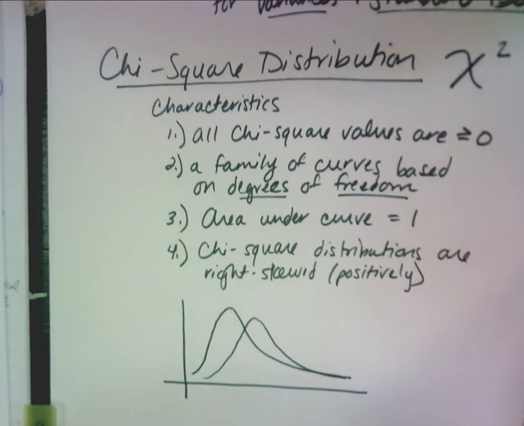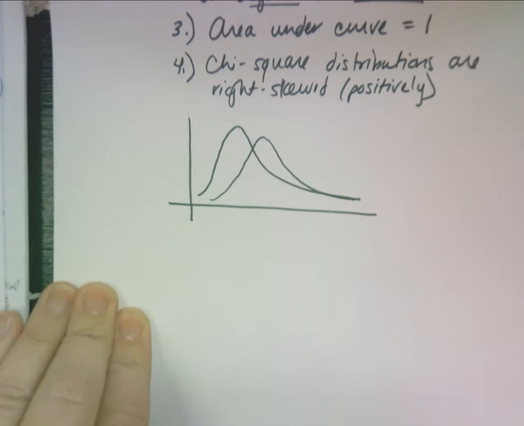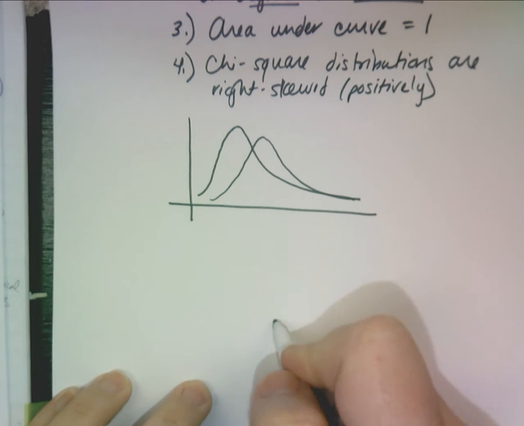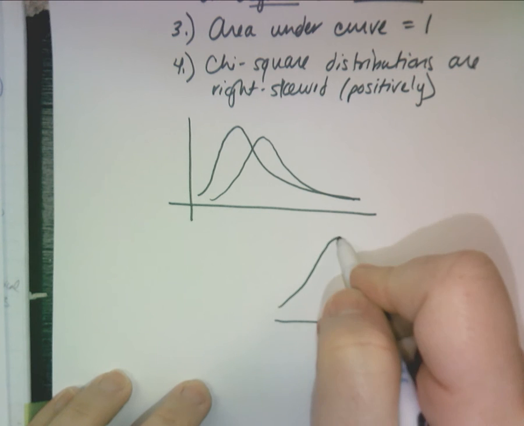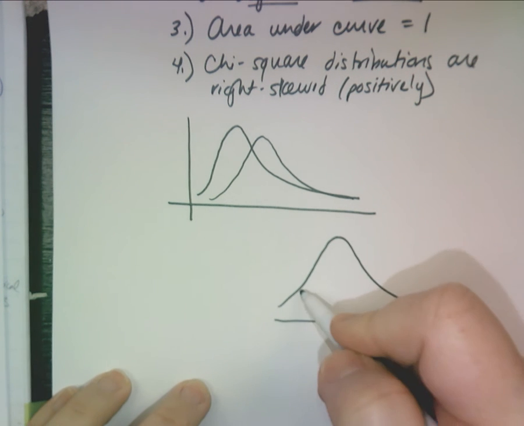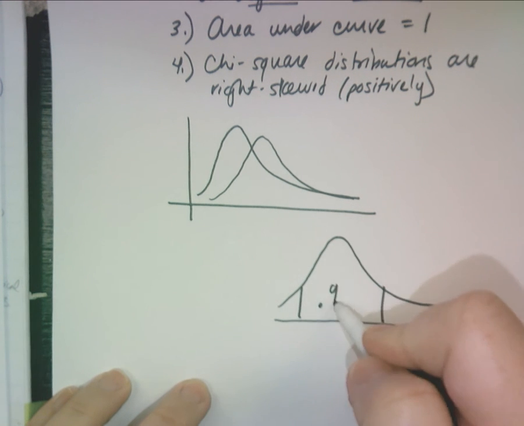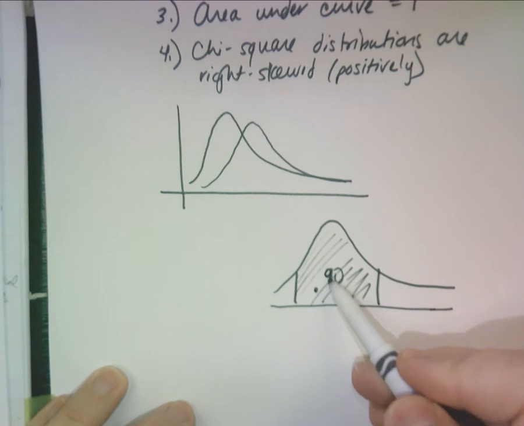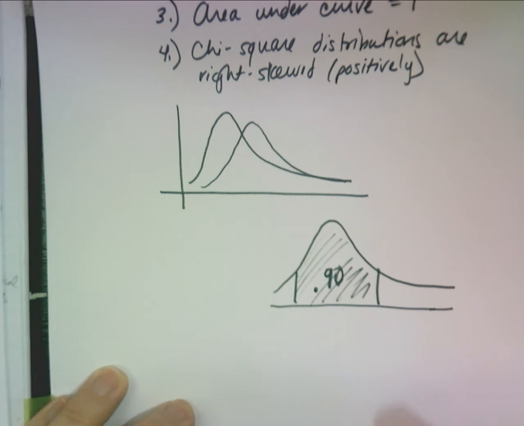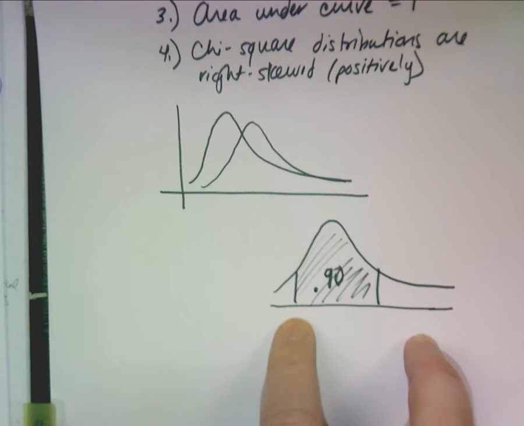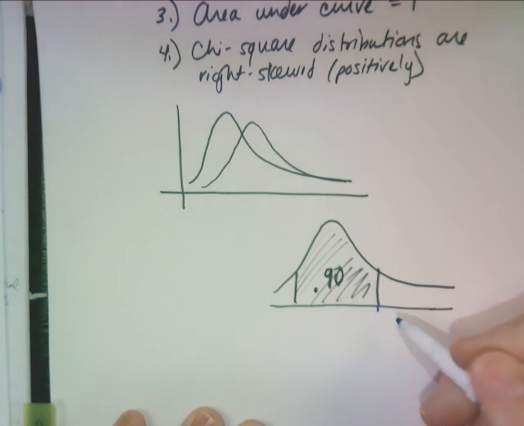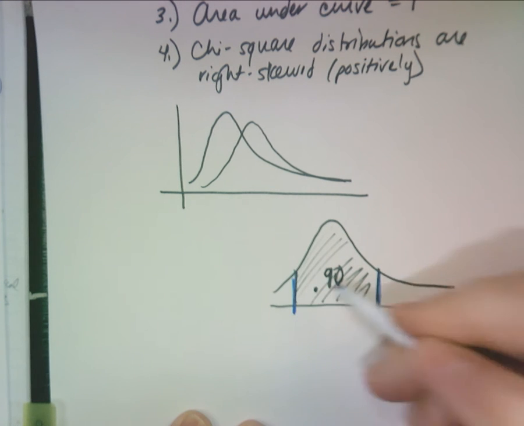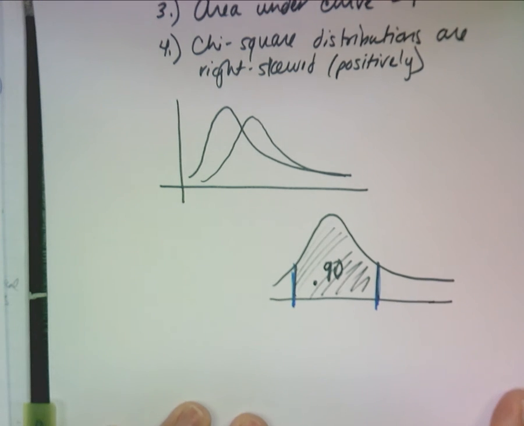Now, what you're supposed to then do, and I'm going to show you the trick because I'm just a nice person, is this. Let's say I want a 90% interval. So I want from there to there, okay? The 90% area. You would need to find this chi-squared value on the left and this one on the right, and it's based off of degrees of freedom.